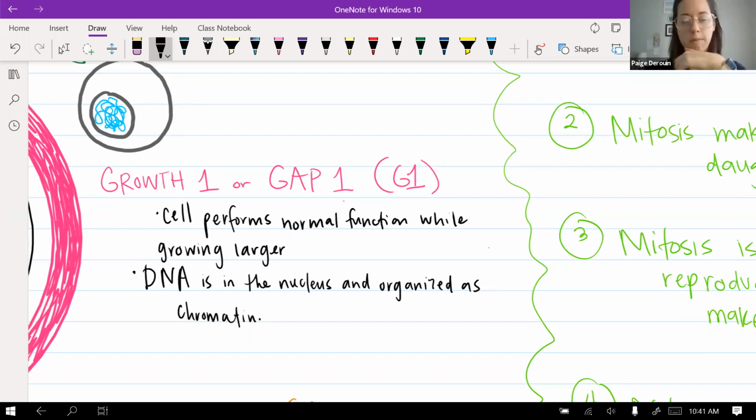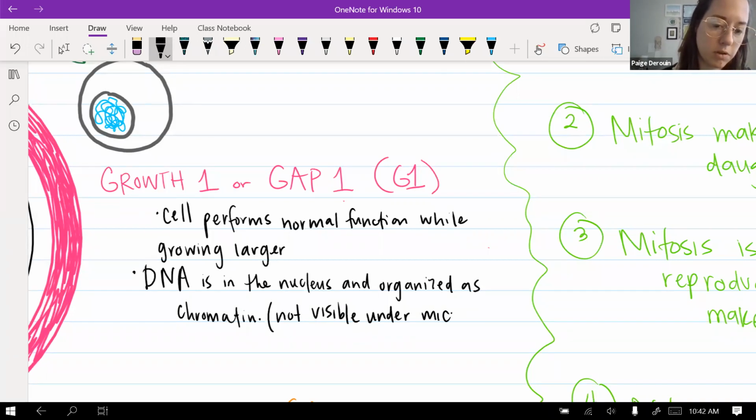That's a word from our DNA unit before Christmas, but the blue spaghetti-like structure inside the nucleus in my cell picture is the chromatin. And remember that you cannot see chromatin under a microscope. You would just see a gray blob of the DNA. So I'm going to say not visible under microscope.